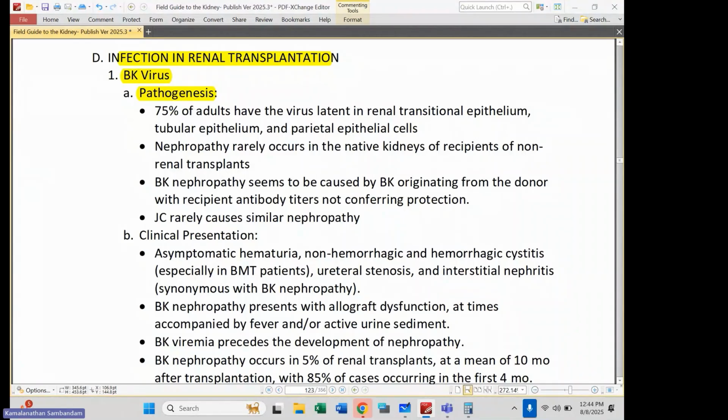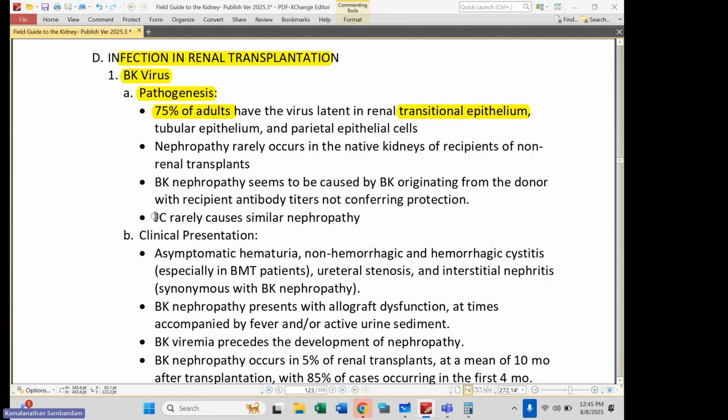You're giving them a novel BK, right, with the organ. BK resides in transitional epithelia, okay? And so you're giving them new transitional epithelia, harboring a novel BK, all right? Most of us have BK in our transitional epithelium, okay?